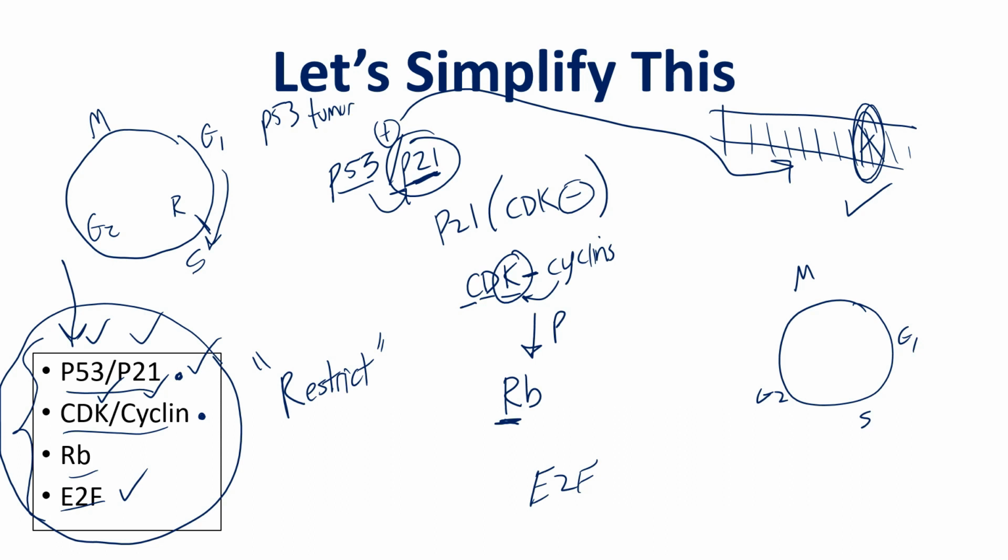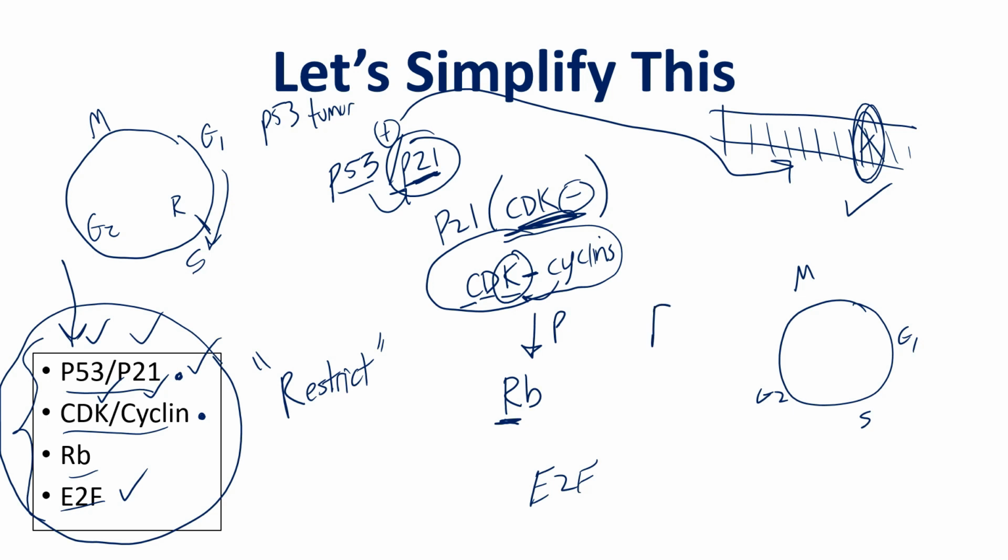It is going to activate P21. When P21 is activated, just remember that P21 is a CDK inhibitor. I said over here that CDK, when it binds to cyclin, has to be bound to cyclin to work. When this complex is together, it will phosphorylate retinoblastoma protein. Think of it this way.